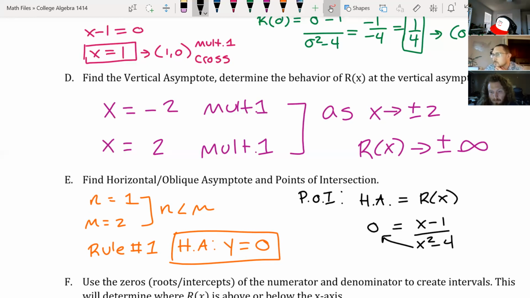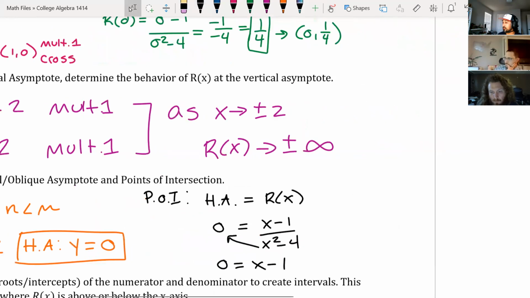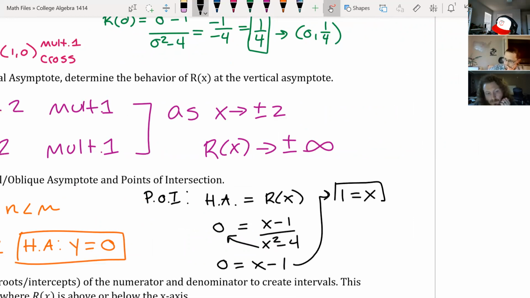So you'll get 0 equals x minus 1. And then solve for x. And we're going to get x equals 1. Good.